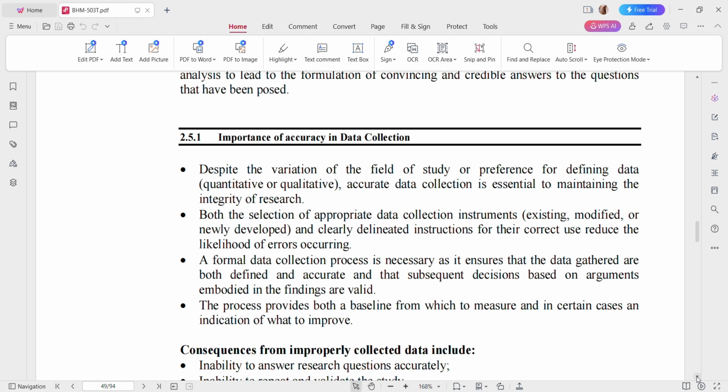But for qualitative research, the way of validating your study is, of course, to have it pilot tested, still to a different sample. All right? So that's it.